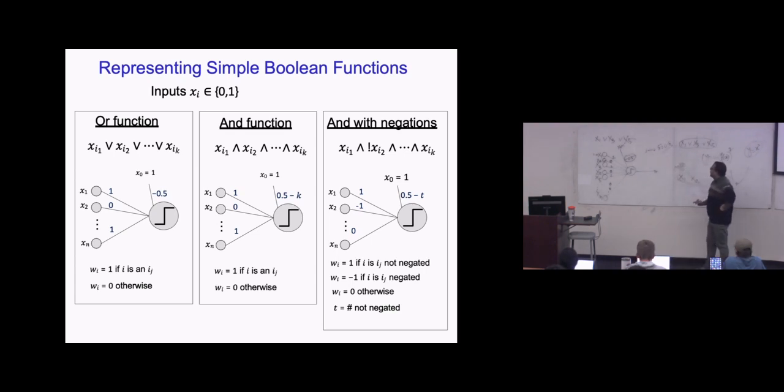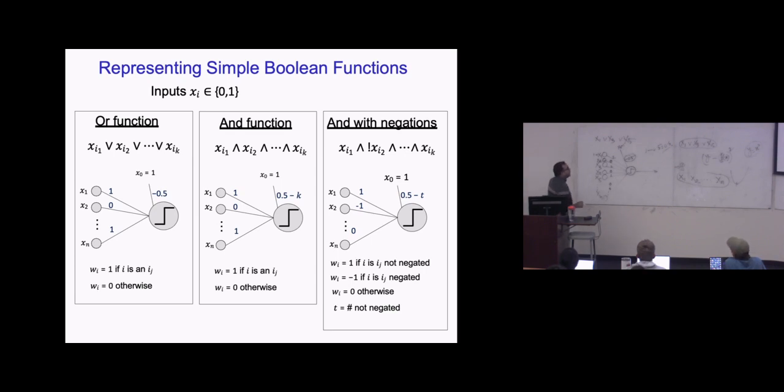So what we are saying is, if you have a threshold here that requires your value to be actually greater than 0.5, then you will not fire. Okay?